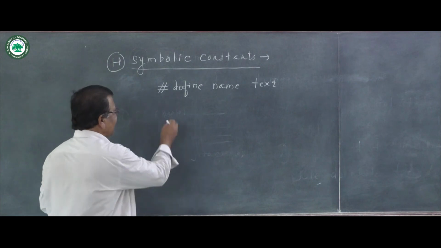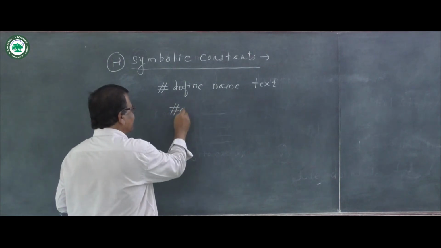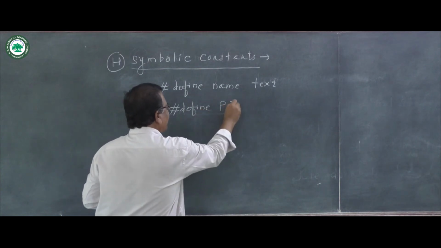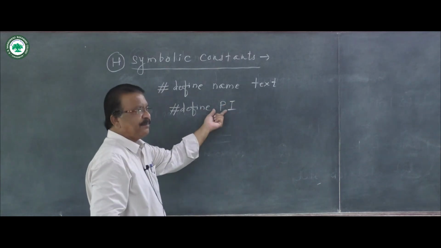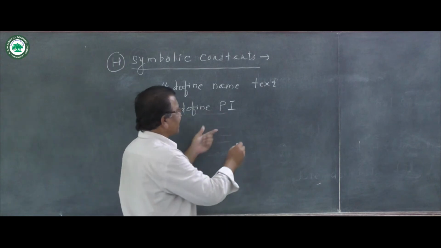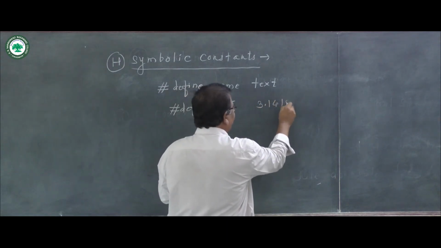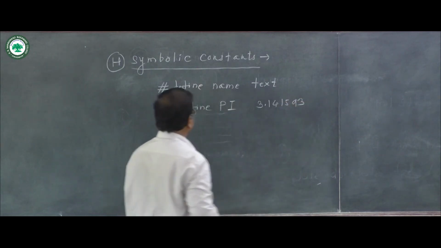The examples are hash define PI. PI is a symbolic name written in uppercase letters, and the sequence of characters that substitute for this name is 3.141593.